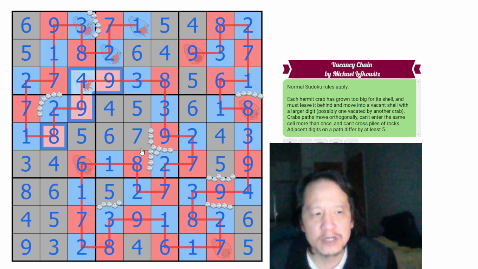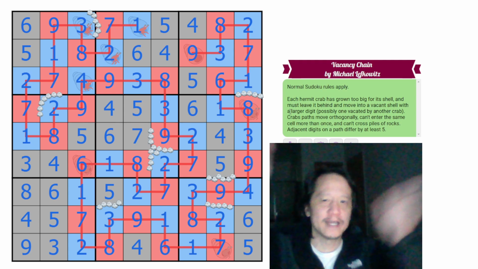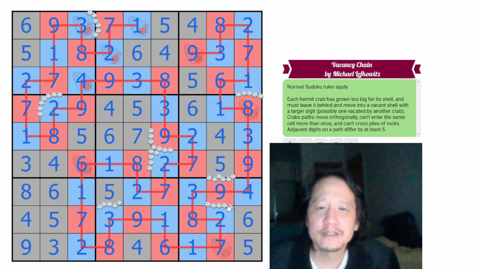It was pretty clear, I guess, but it was hard to distinguish specifically, because the multiple crab paths was removed from the can't enter the same cell. So, yeah. Anyways, that's the solution.